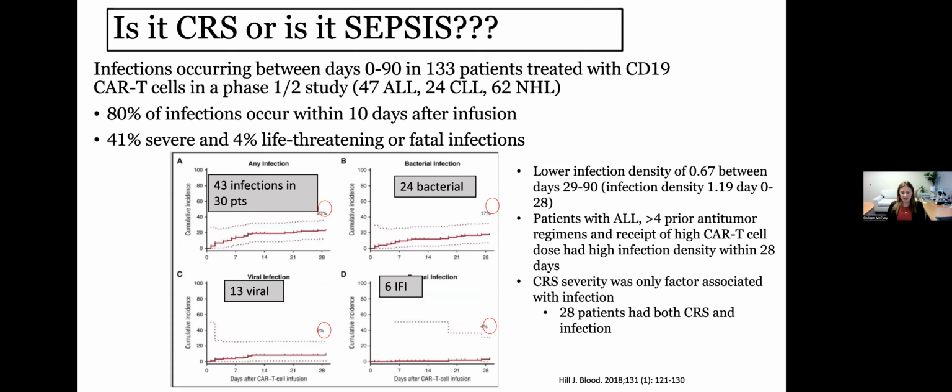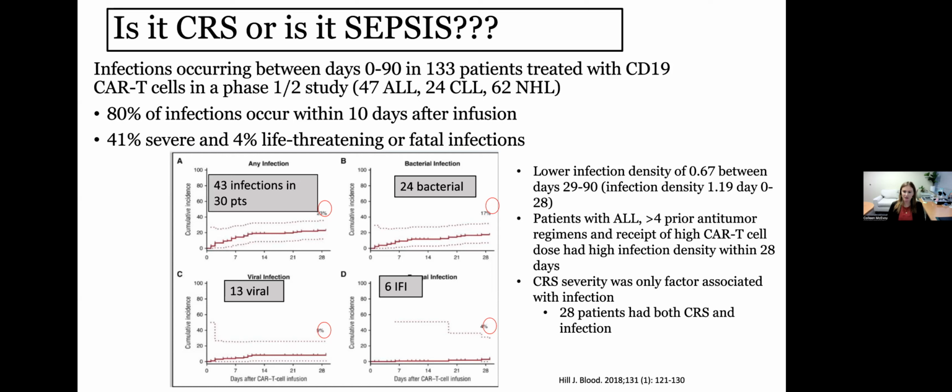One of the big things to discuss is whether we have CRS or sepsis. It's very difficult to tell the difference between CRS and sepsis, but we know that these patients are neutropenic and immunocompromised, they've undergone multiple lines of chemotherapy, and infection can be quite common. It typically occurs between day 0 and 90 when we're looking at whether it's CRS or sepsis.